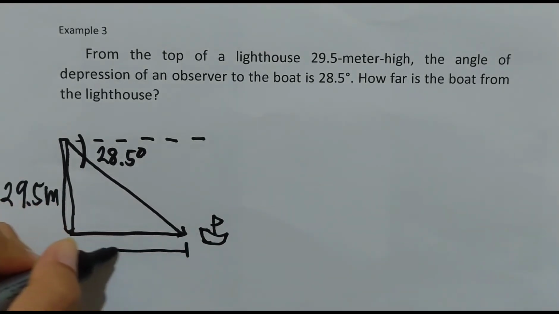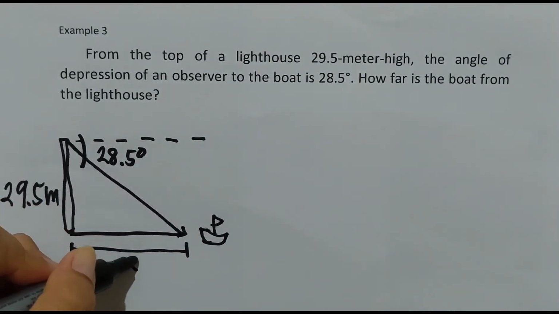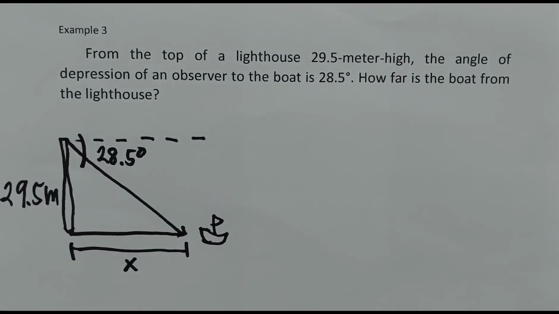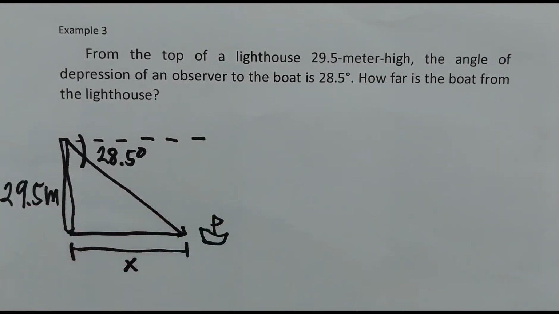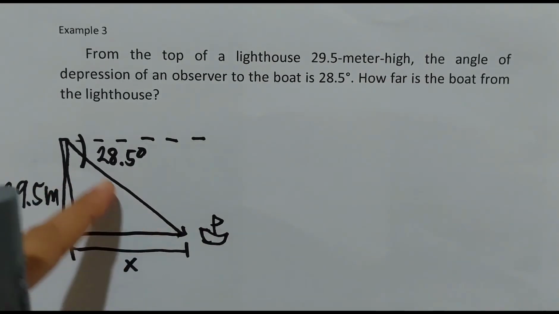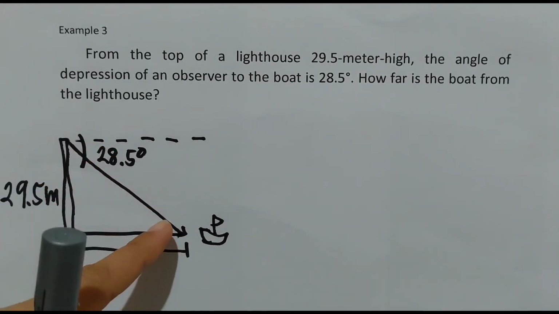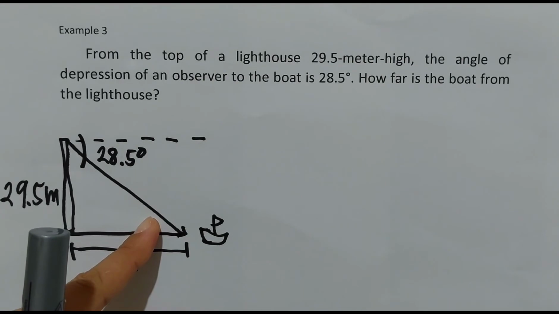So, this is our x. Now, how are we going to solve the problem? Remember, the boat is here, so this is the angle we will use. Now, can we consider that this angle is congruent to this angle?